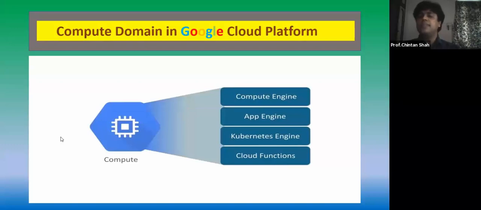Now let us take our attention to the next service which the compute domain provides, the App Engine. App Engine is an extension of the Compute Engine. App Engine is used whenever you have an application and you want to deploy the application on the cloud, then you use the App Engine offering by Google.